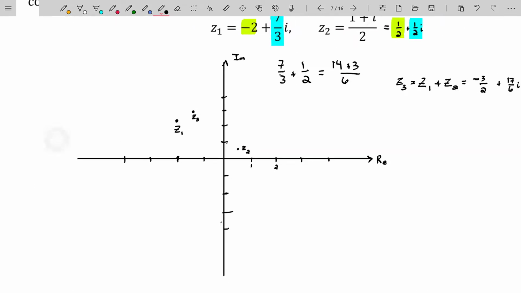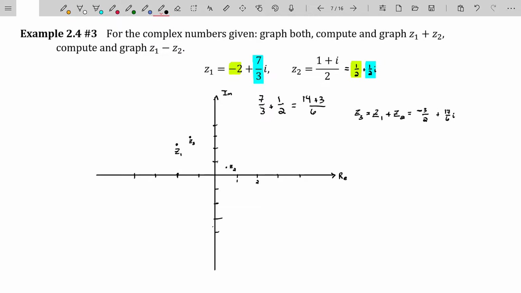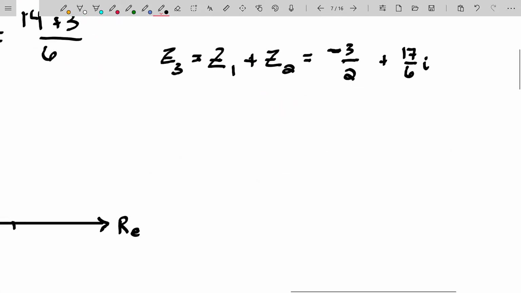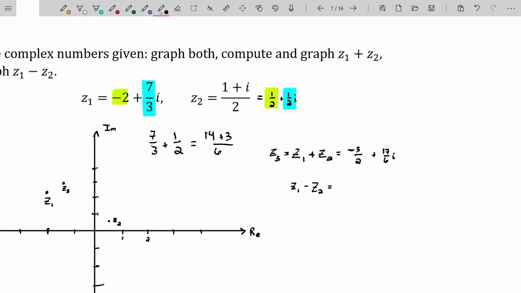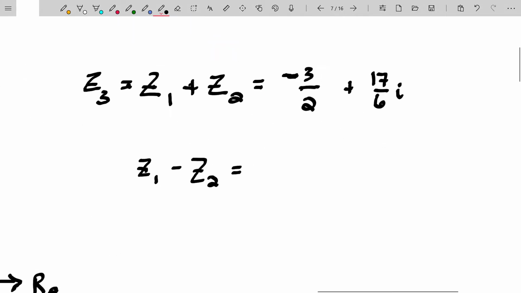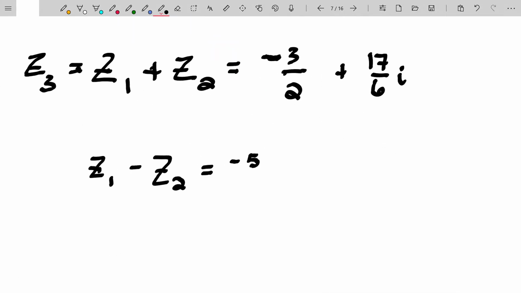Now I want to know, what about the difference, z1 minus z2? I'll write that over here again. So we have negative 2 minus 1/2. A negative 2 lose 1/2 more, and you're at negative 5 halves. That's the real part there.